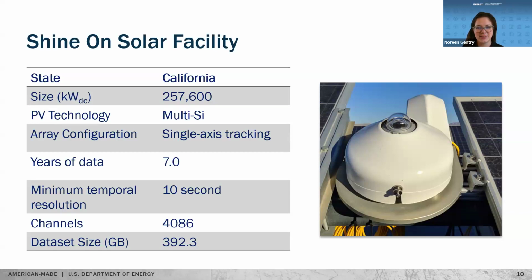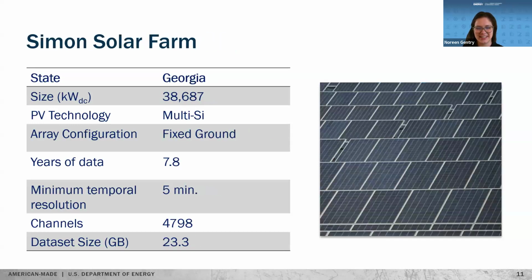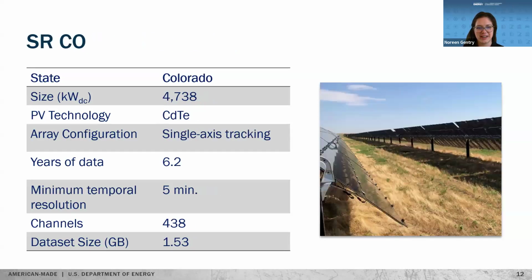And if you go to the next one, we can go through these kind of quickly. People are welcome to look at this later. The Simon Solar Farm, our other really large system, provides a different perspective of a fixed ground system with 5-minute time resolution and 7.8 years. SR Colorado is a Colorado-based system with CAD-TEL technology, single axis tracking.